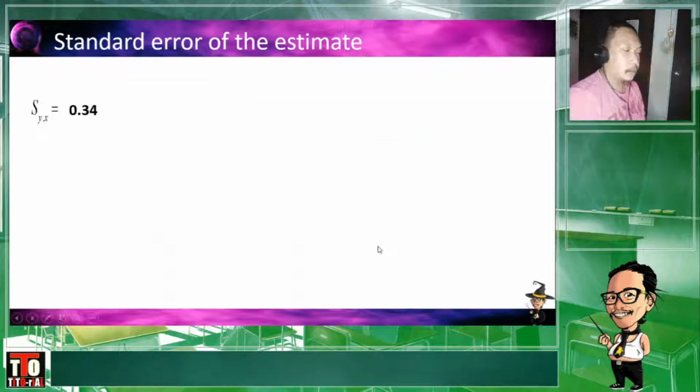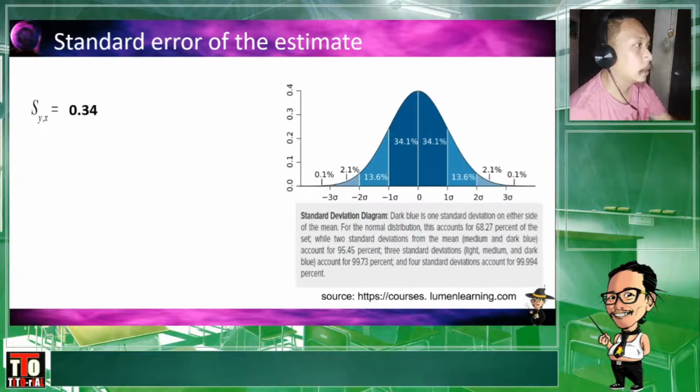Okay? Another way to explain yung nakuha nating standard error of the estimate na 0.34 is this. Meron tayong standard deviation diagram. So, how do we interpret this one? 0.34, that is close to 1 standard deviation.